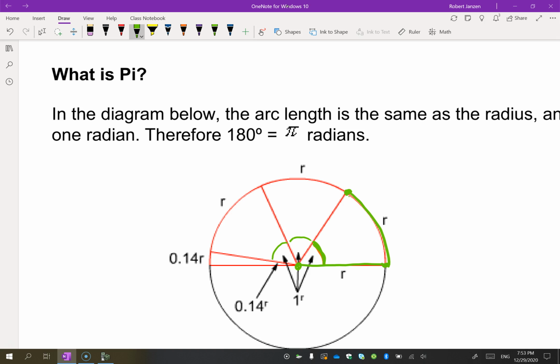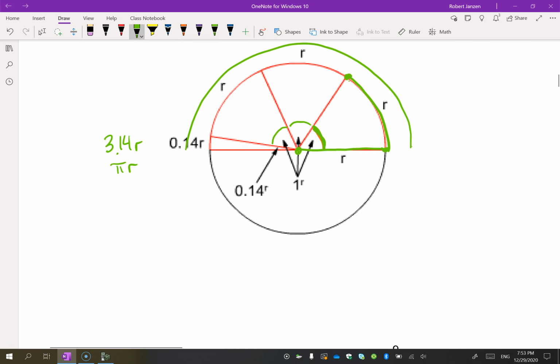In fact, halfway around the circle, you would get 3.14 radians, or pi radians. If we kept going all the way around the circle, we know that's 360 degrees. This is considered 2 pi radians, which would be about 6.28 radians.